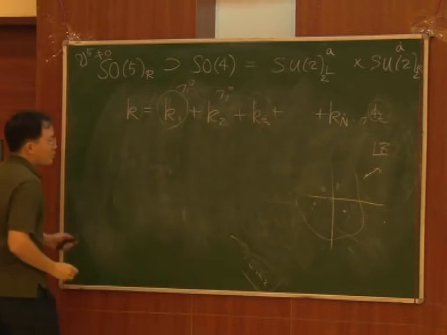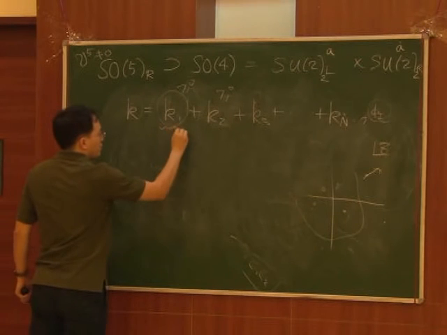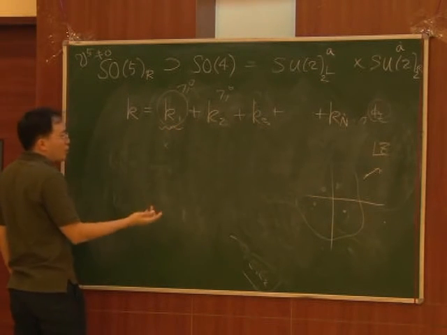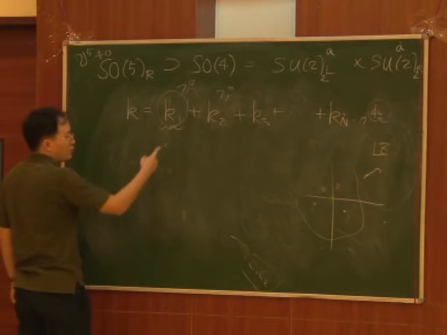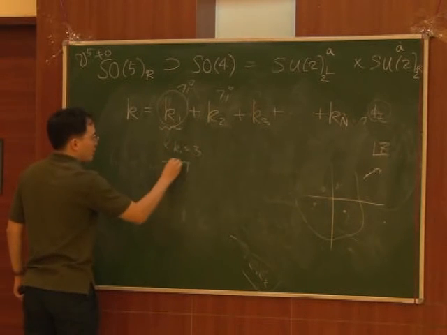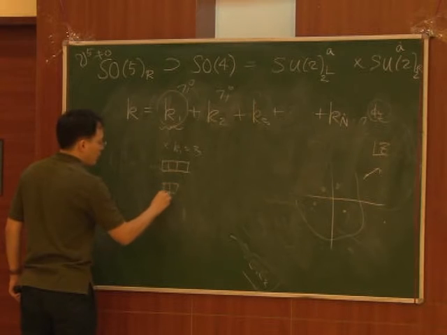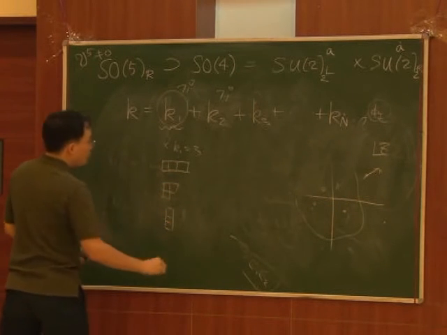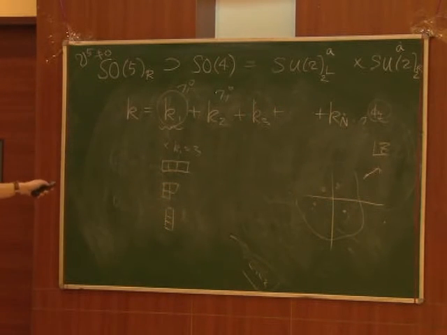Once you have this division, for each integer that is given, you form a Young diagram with this number of boxes. So if K1 is 3, you can have various different kinds of Young diagrams. And you do the same thing for all the other integers. If the integer is 0, there's no Young diagram. And you can form a set of these partitioned Young diagrams, which is called the n-colored Young diagram.